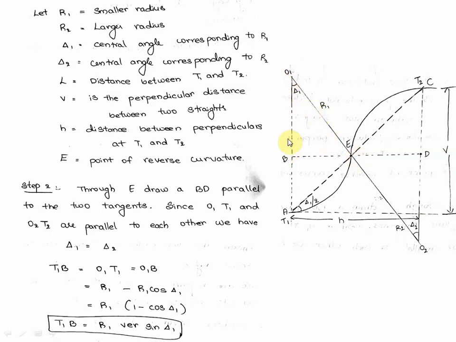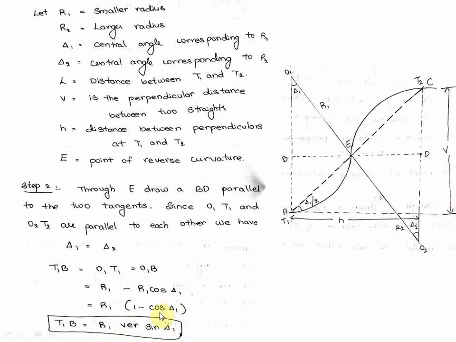So it simplifies to R1 minus R1 cos delta 1. Take R1 common, so R1 into bracket 1 minus cos delta 1. So you can write T1B equal to R1 versine delta 1, since 1 minus cos delta 1 is the versed sine of delta 1.